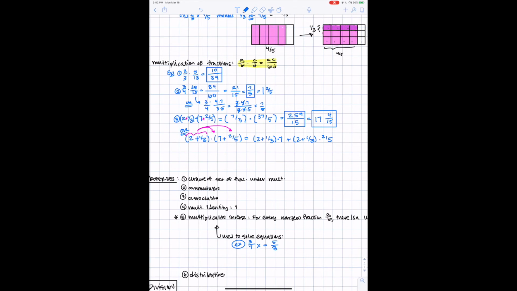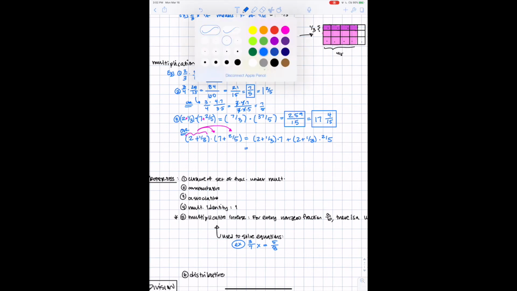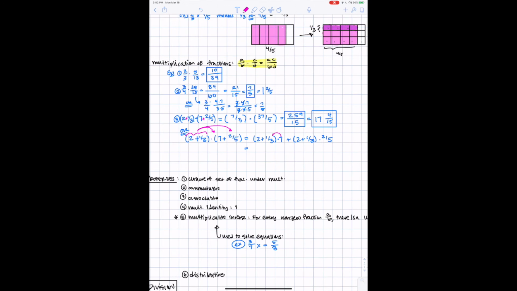Okay, so now I want to distribute the 7 to each of these terms and the 2/5 to each of these terms. So just distributing twice here to make sure I multiply these things properly. So 7 times 2, that's just 14. And then this is really 1/3 times 7 over 1.